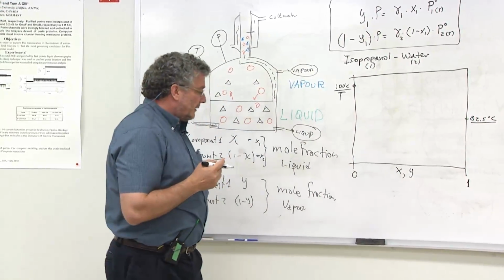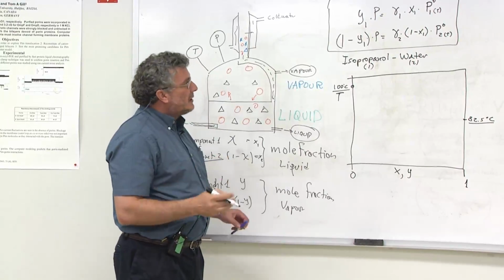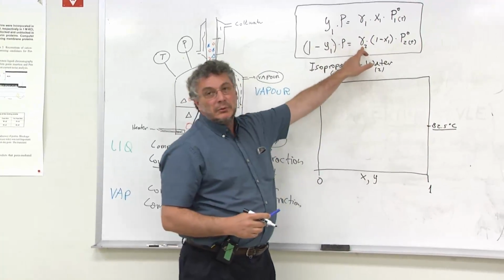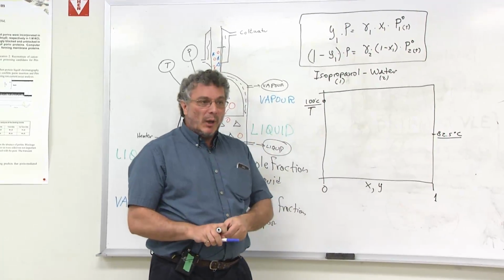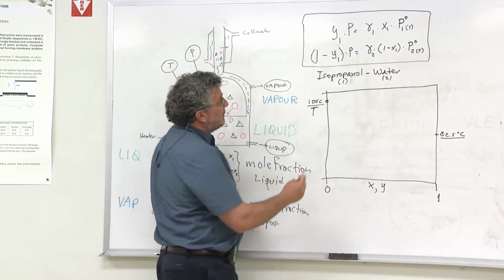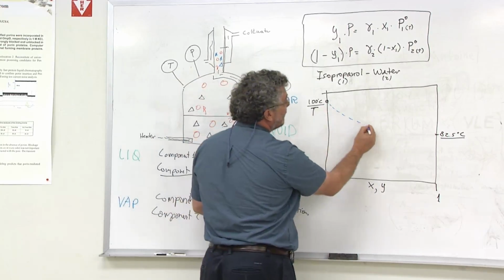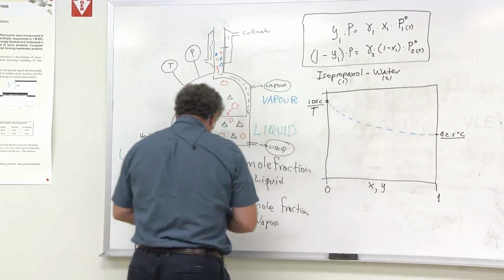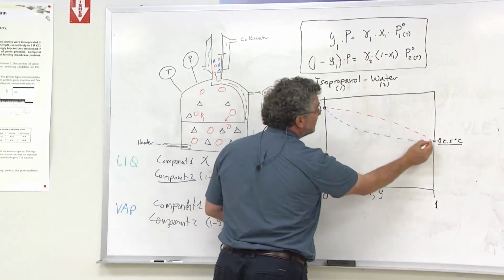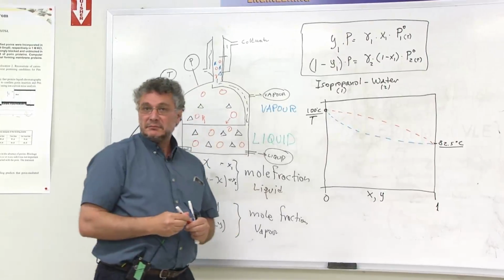So in a perfect or ideal system, where gamma 1 and gamma 2 would always be equal to 1, what we would end up having for equilibrium would look more or less like this. This would be the ideal one.